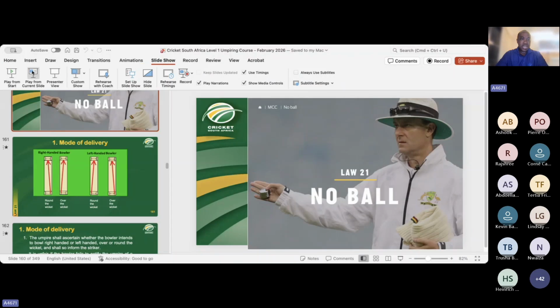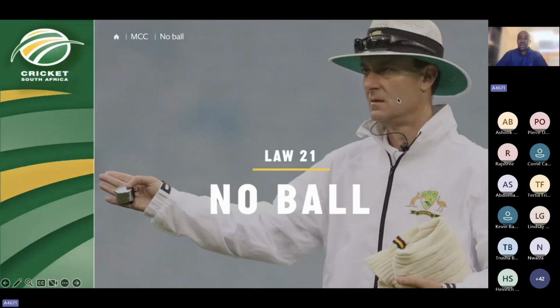So law 21 is no ball. And remember that the course that we are presenting is based on the laws of cricket. There are some no balls that you will see in limited overs cricket that are not covered in the laws of cricket because those are based on playing conditions for specific tournaments or matches.